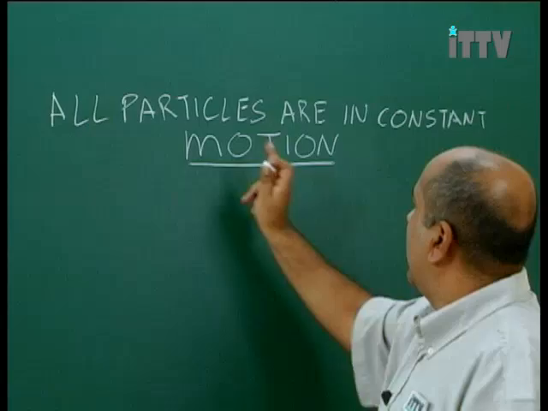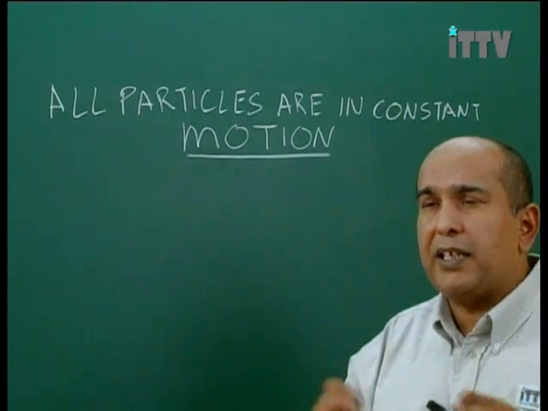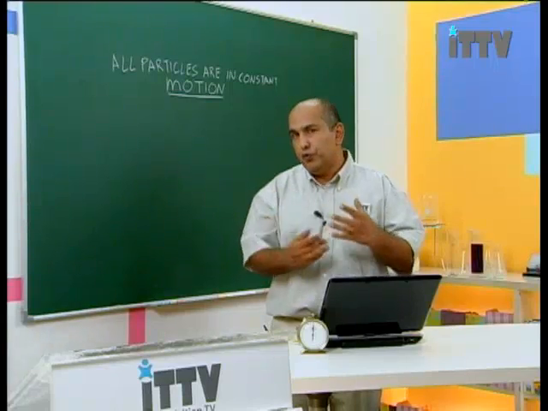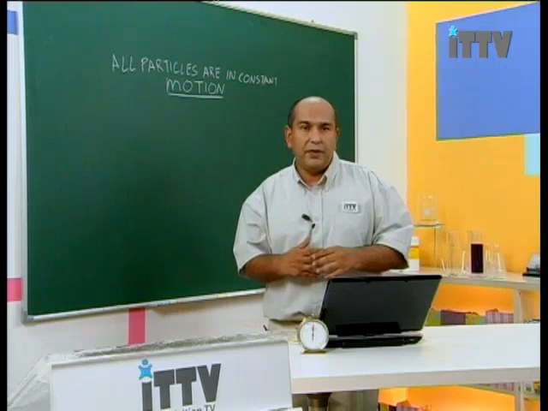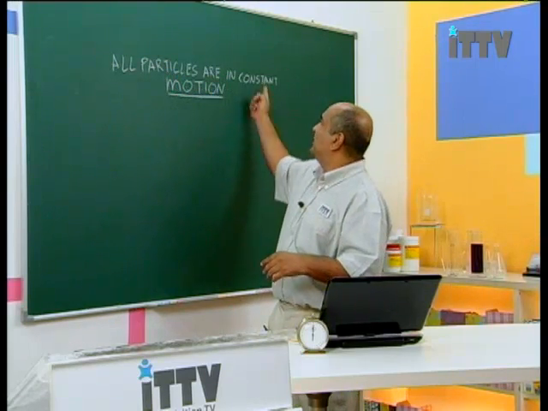All particles are in constant motion. Now, if we can understand that all these particles are in constant motion, we can understand how things start to move or how things behave. But what we've got to prove is that all particles are in constant motion.